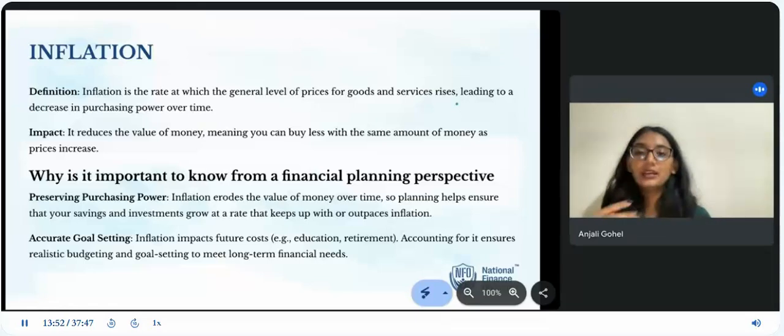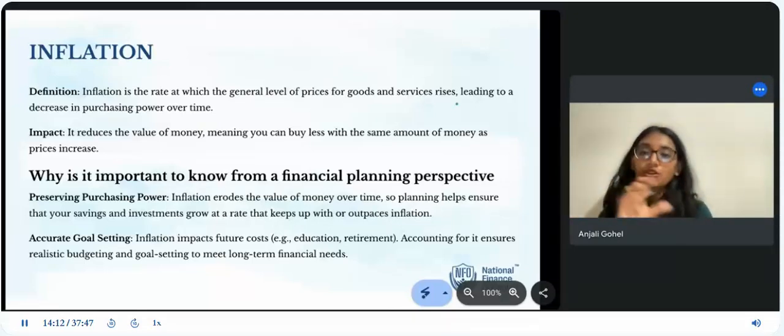Now with that 1,000 rupees, let's say you were able to buy 10 t-shirts, or you were able to buy 2 school bags. Yeah, school bags seem more relatable.